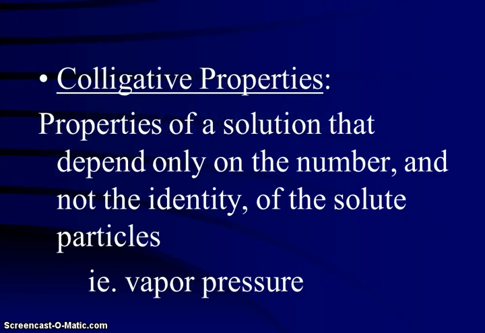Colligative properties. Colligative properties are properties of a solution that depend only on the number and not the identity of the solute particles. An example of a colligative property is vapor pressure.